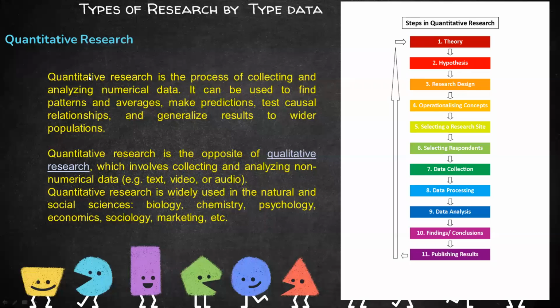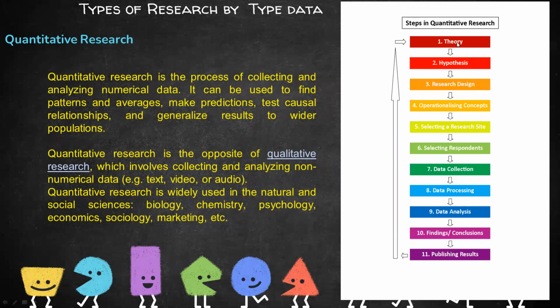So quantitative research is the process of collecting and analyzing numeric data, and it can also be used to find patterns and averages, make predictions, test causal relationships, and generalize the result to a wider population. Here we follow some steps in quantitative research.